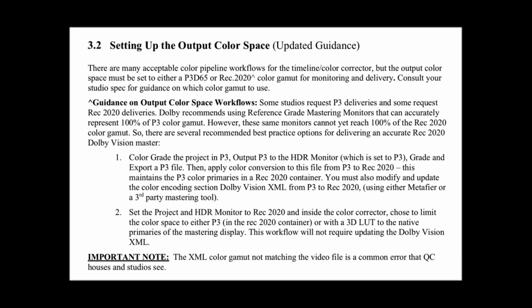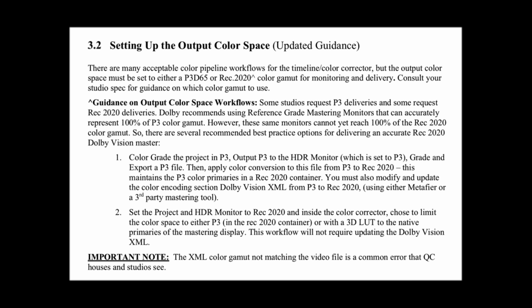One of the common errors that we see in terms of handling Rec 2020 content is someone will deliver an image to, say, QC or mastering that says it's a Rec 2020 image, but the XML will say it's P3D65, and there's confusion, and people have to make phone calls and try to sort it out.